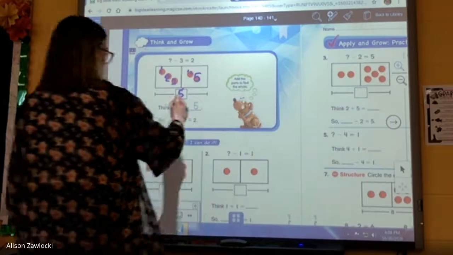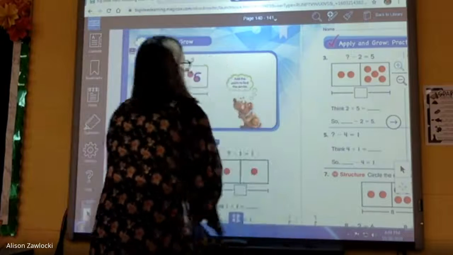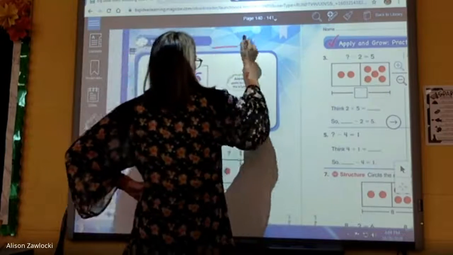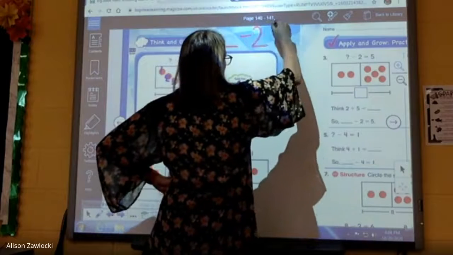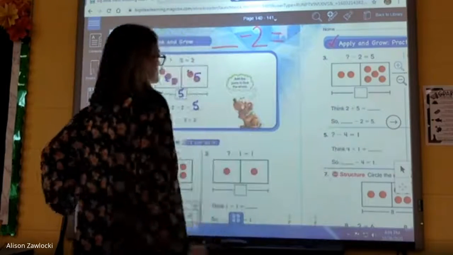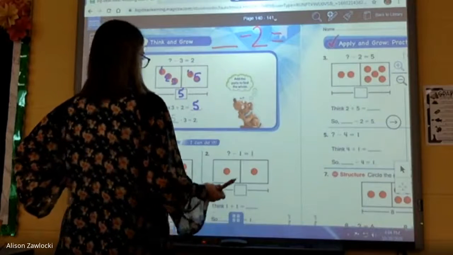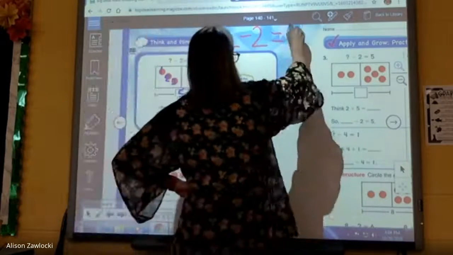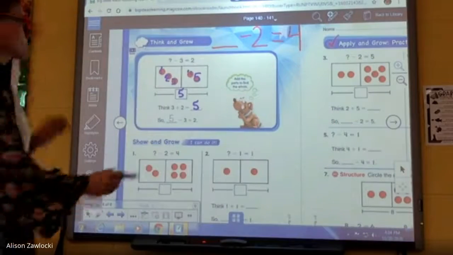When the first number is missing in a subtraction problem, for example, if I have blank minus 2 equals 4, I can think of this as an addition problem.